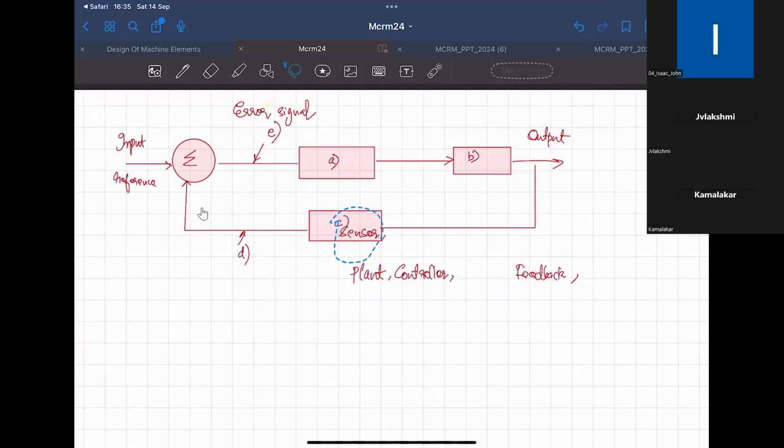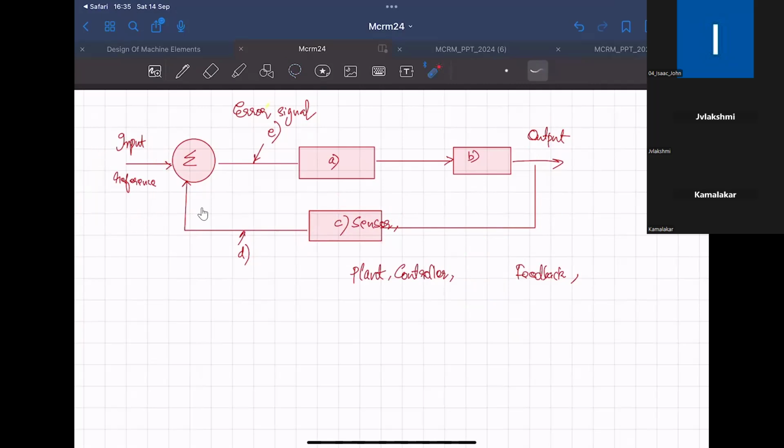This is actually the sensor, because we are basically measuring the output, whatever we are getting, using some sensors. Maybe it's a temperature, and we are comparing the measured temperature from the sensor and whatever we are supplying as an input.